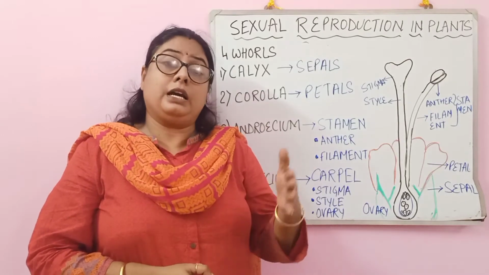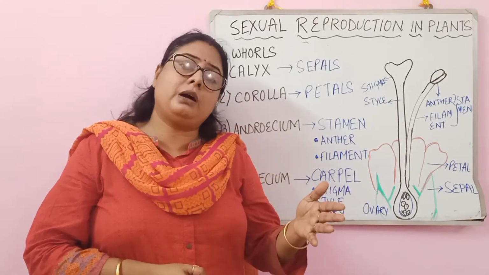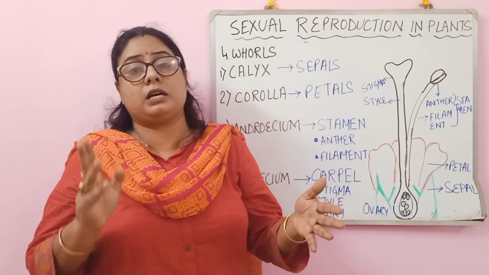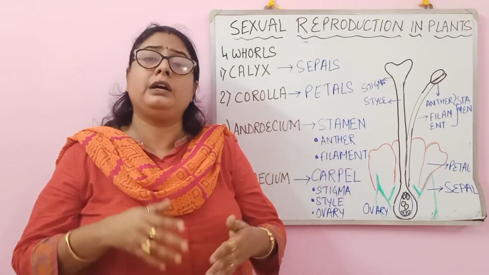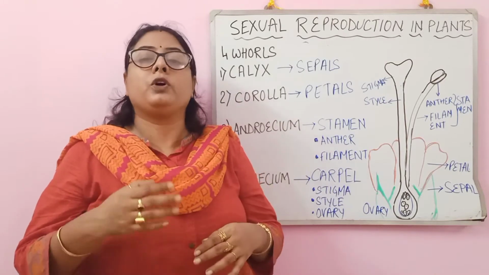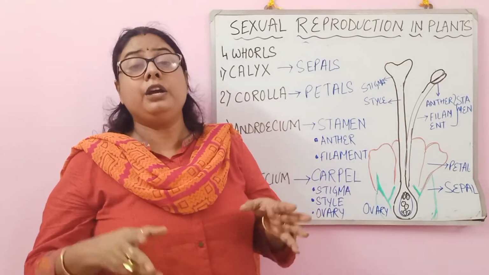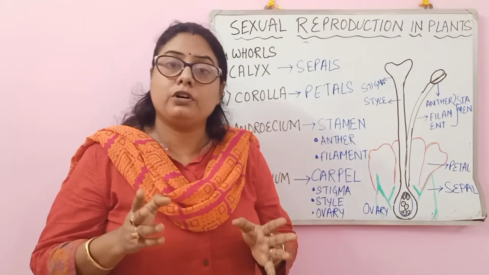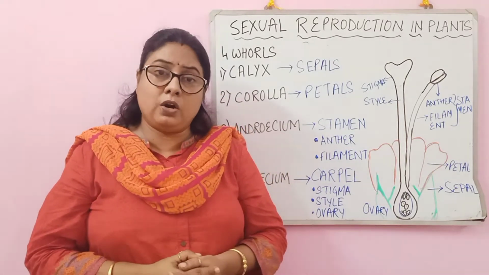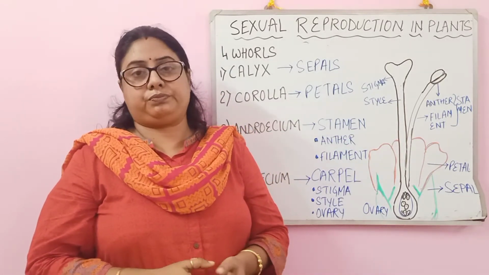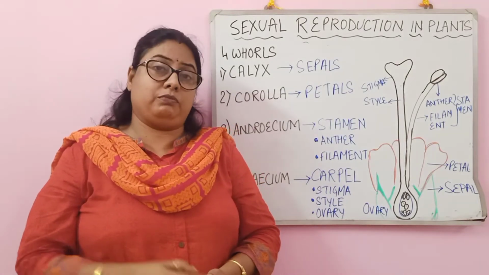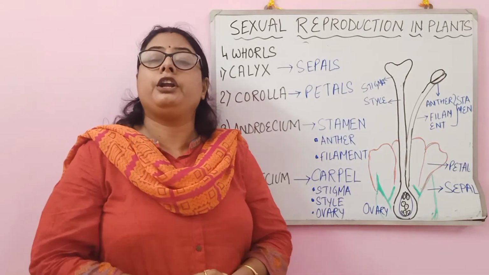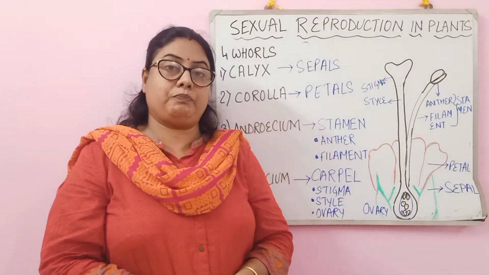Since one gamete has half the number of chromosomes, the other gamete has the other half, they come and fuse together and help the organism retain their normal number of chromosomes. So zygote helps to retain the diploid number of chromosomes.